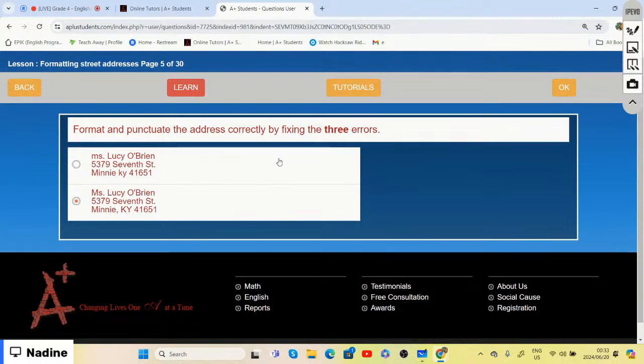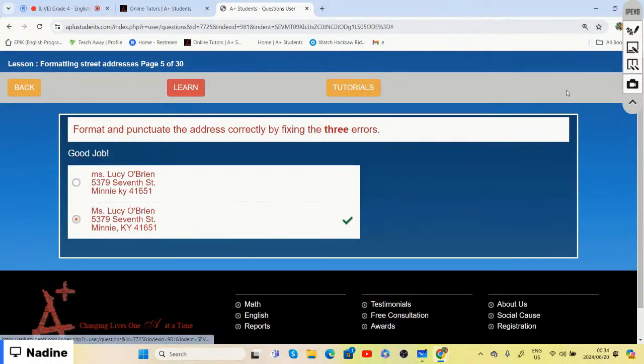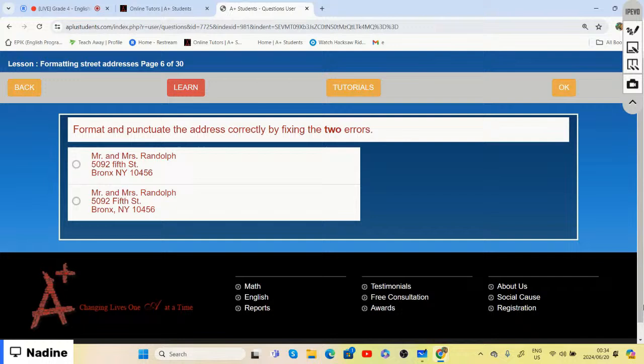The errors that we find in option one are that Miss is not capitalized, and next to the city, which is Mini, there's no comma, and also the state abbreviation is not capitalized. Remember, we said that both letters need to be capitalized when it comes to the state abbreviation. So option two is correct. Well done.